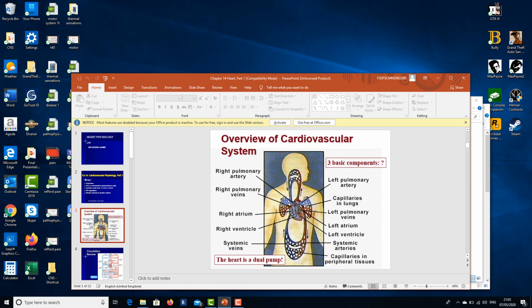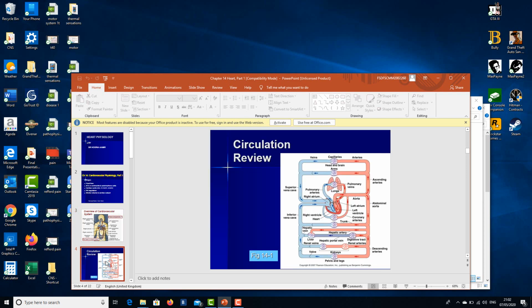Number two is the conducting pathways for that which is to be pumped by the heart, and that is the circulatory vessels like arteries, veins, capillaries, etc. And the third component is the circulating fluid medium which is to be pumped and circulated, and that is the blood. You know quite in detail what blood is and what its composition is.